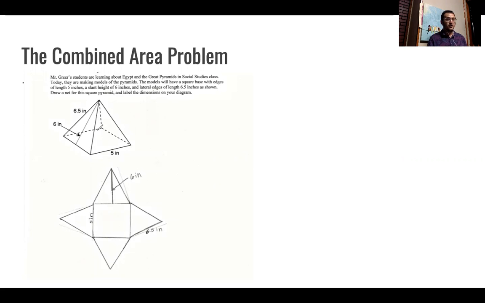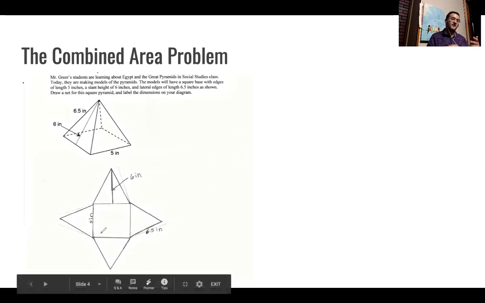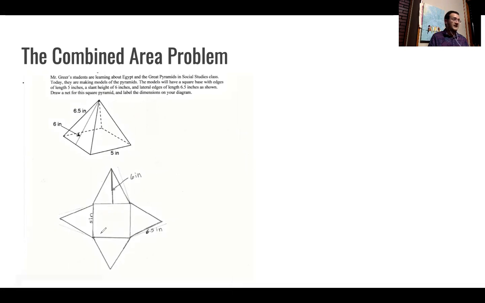So what we did is we took this pyramid apart. If you were to unfold the pyramid, it's kind of like today, Alice was making 3D things out of paper. If you were to unfold it into 2 dimensions, you'd have a combined area problem. Now, if I'm doing a combined area problem, I think about, okay, how many of each type of shape do I have?